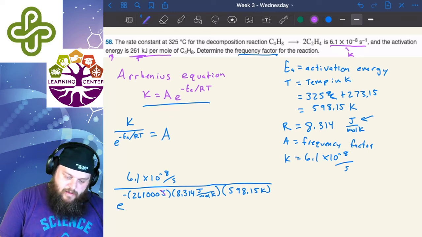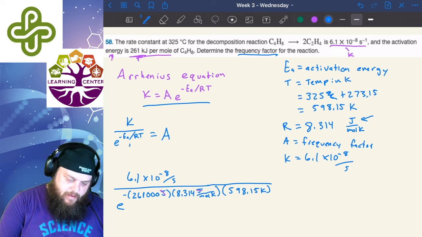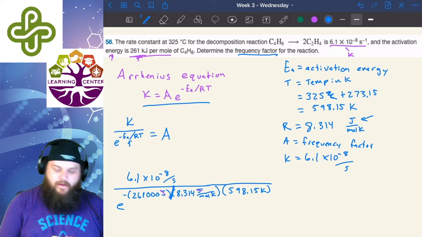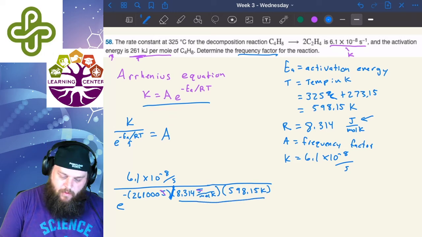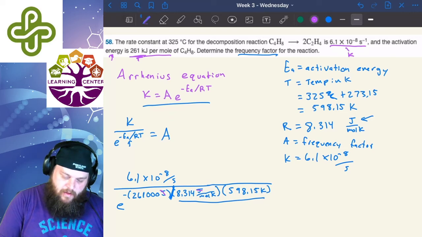So unit-wise, this is the reason I converted. The joules and the joules need to cancel out. Doesn't look like they should there because I forgot my division sign. So there should be a division sign right there. So I'm dividing in the denominator, and really I'm dividing this whole value there. So the joules and the joules will cancel each other out.